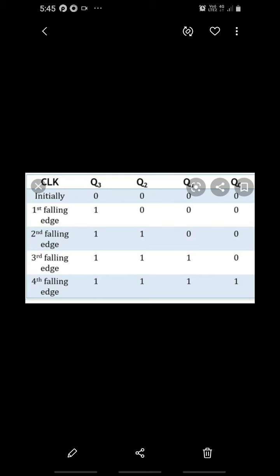Therefore, Q0 is equal to 0, Q1 is equal to 0, Q2 is equal to 0, and Q3 is equal to 1.